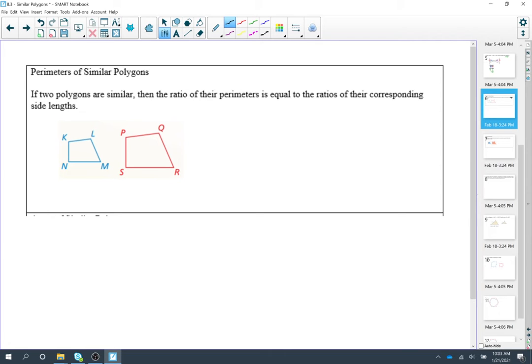So the way we write that is we're going to say if KLMN is similar to PQRS, then, and I'm going to need more space, so I'm going to hop down here.